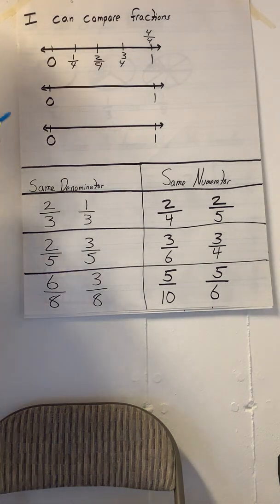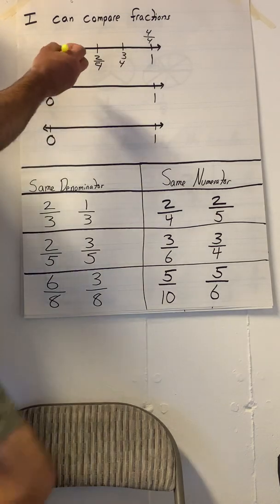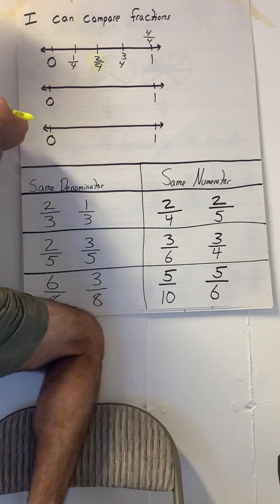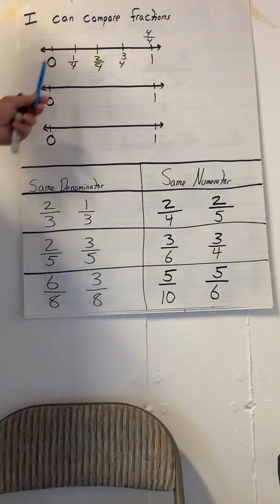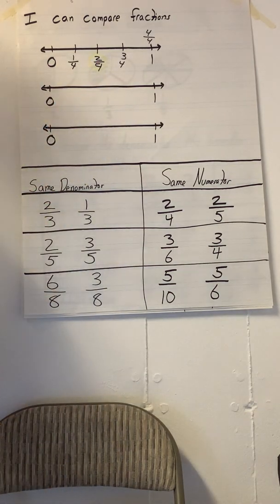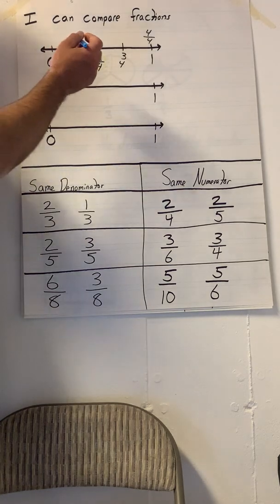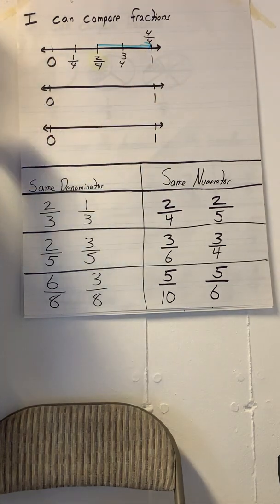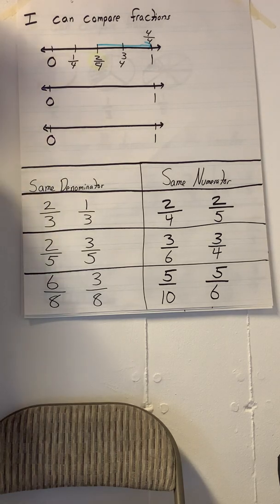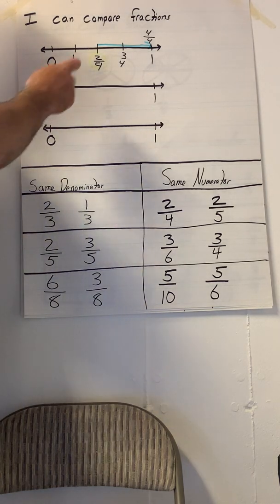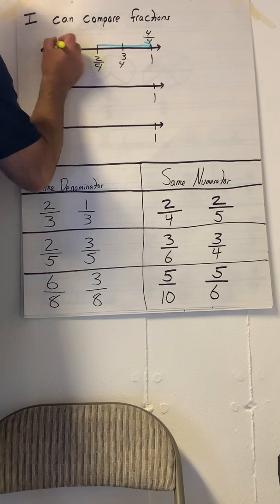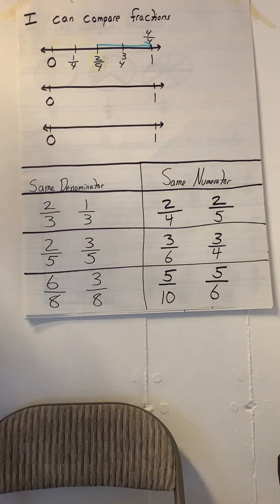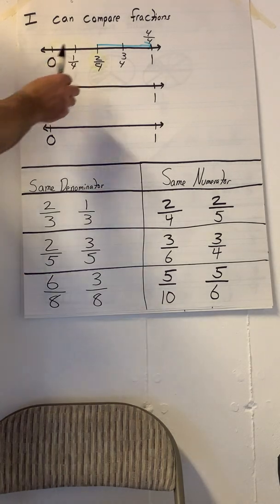The one that is halfway is 2/4. 2/4 is in the middle. So anything on this side of 2/4 would be closer to 1, and anything on this side of 2/4 would be closer to 0. And what about 2/4? Well, 2/4 is right in the middle.